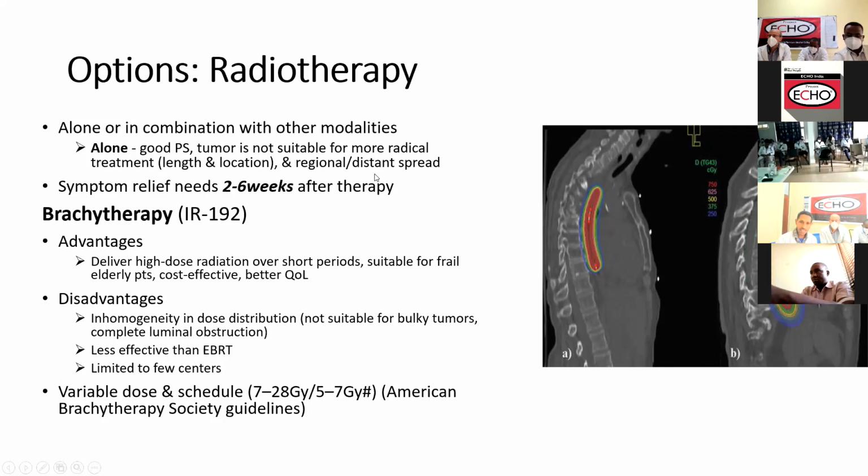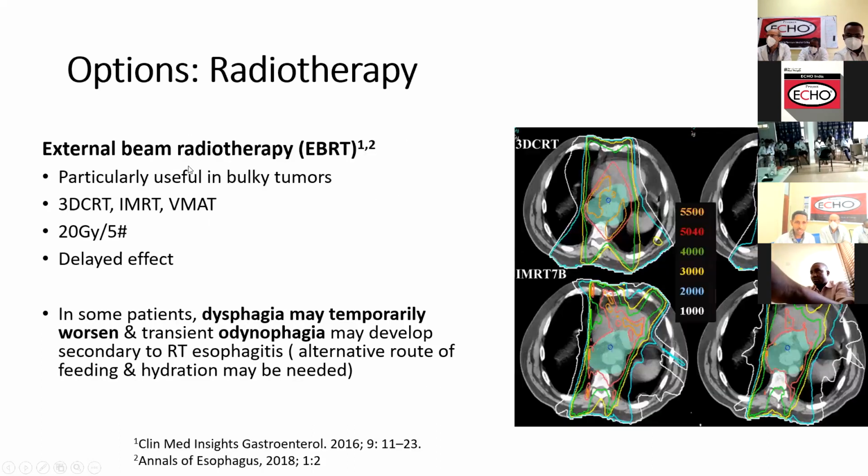The other mode of administering radiotherapy is external beam radiotherapy, or what we also call teletherapy, because you deliver the radiotherapy from a given distance, usually about 1 meter. Particularly, it is useful in bulky tumors.